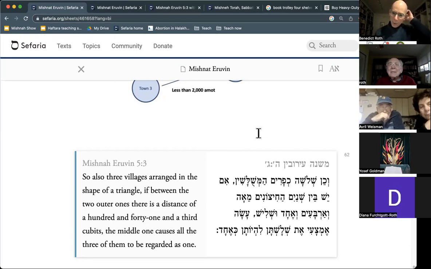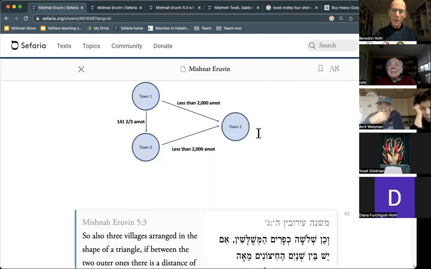So it's very odd. The Mishnah doesn't actually tell us where the third one is at all.